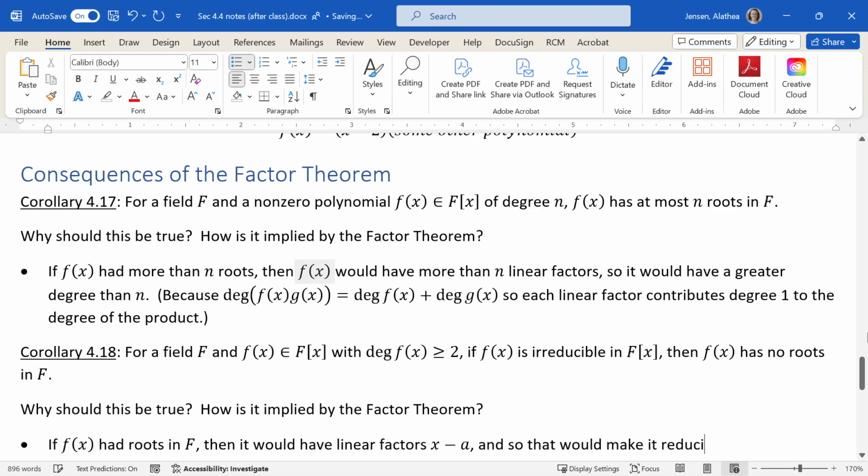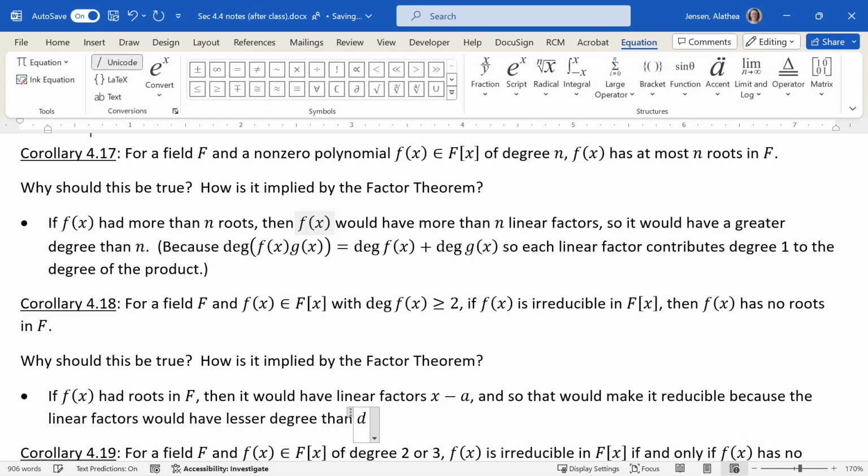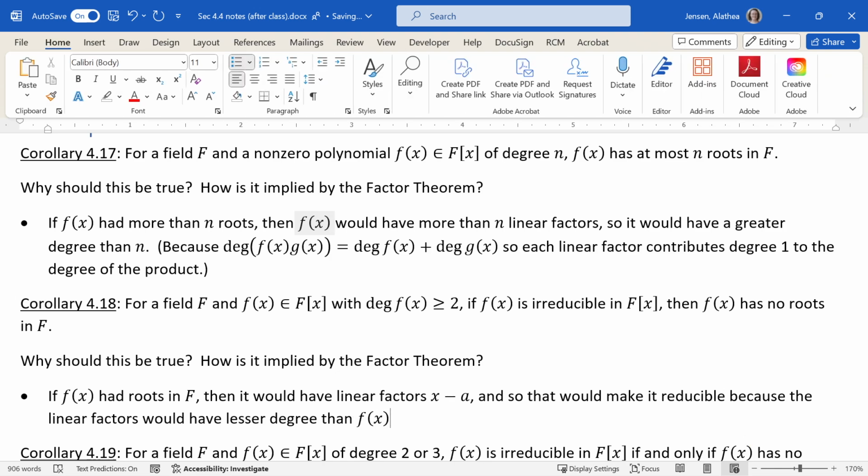Having factors of a lesser degree is exactly what it means to be reducible, because the linear factors would have lesser degree, because we said it had degree greater than or equal to 2.